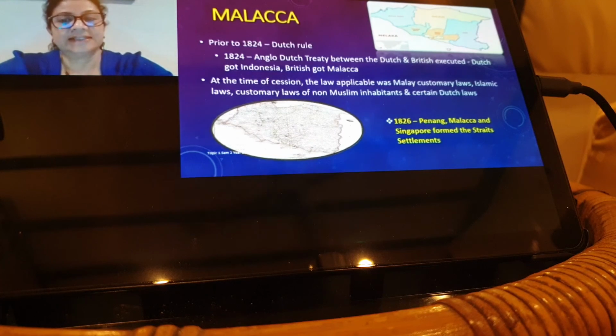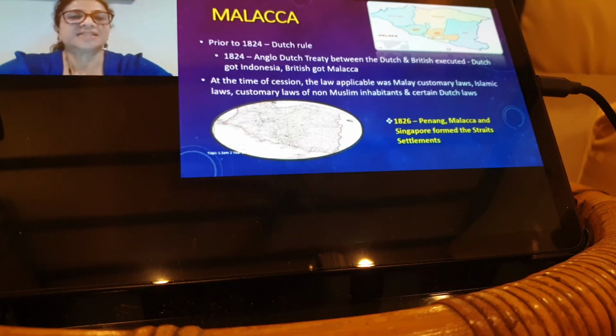So now they have made their presence in Penang, Singapore, and Malacca. In 1826, all these three states of Penang, Singapore, and Malacca formed the Straits Settlement. So that's the first stage of British intervention in Malaya.